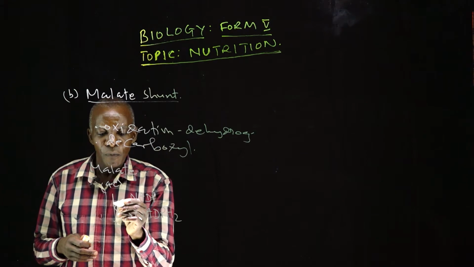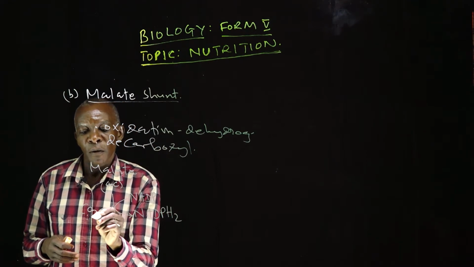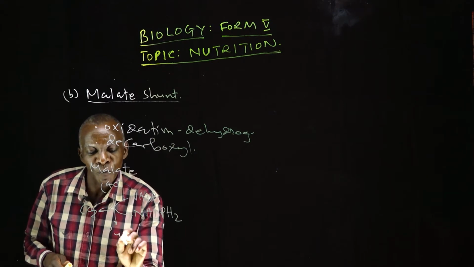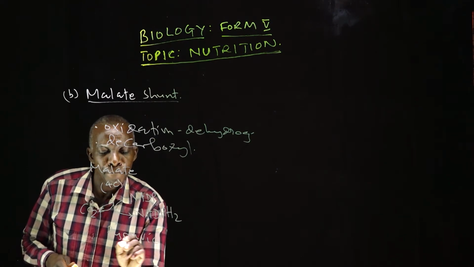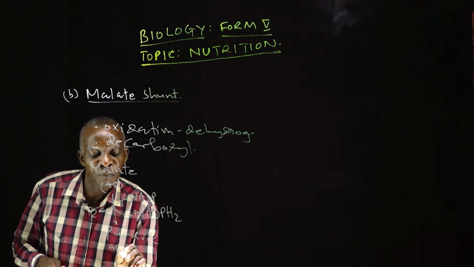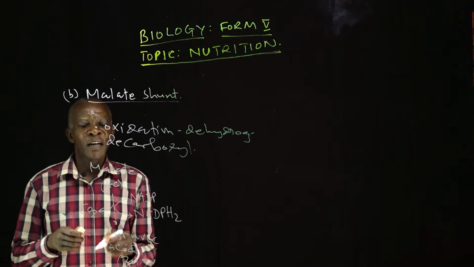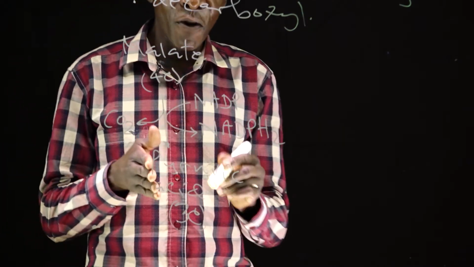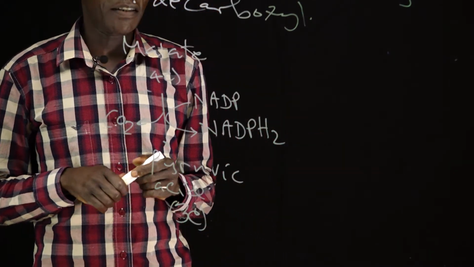Then carbon dioxide is lost. Then the resulting pyruvate, a 3-carbon compound. So this pyruvate is formed in the bundle sheath.